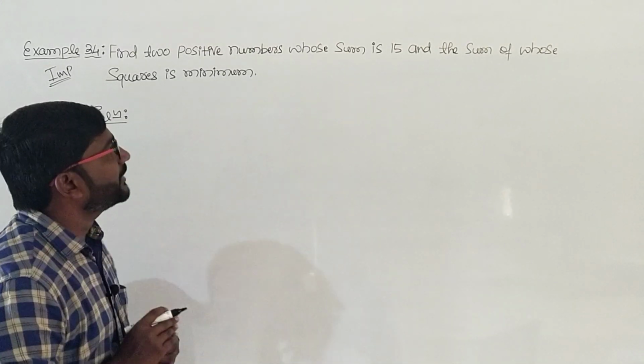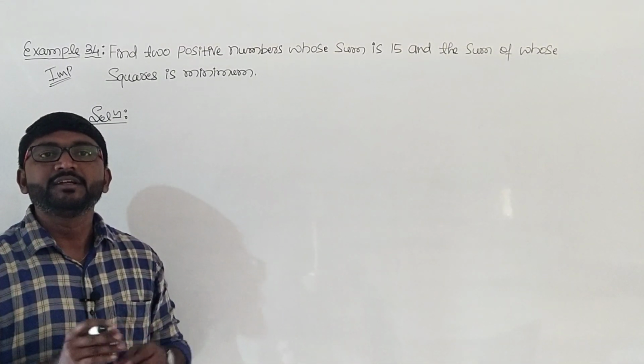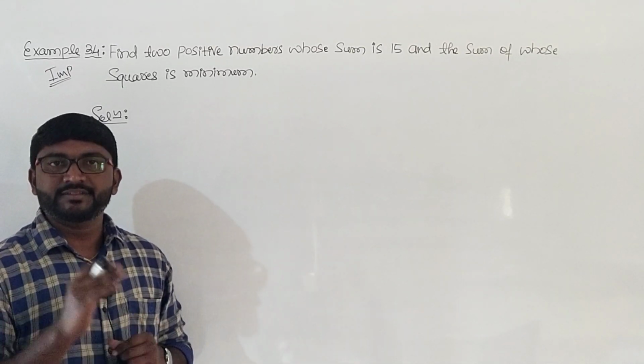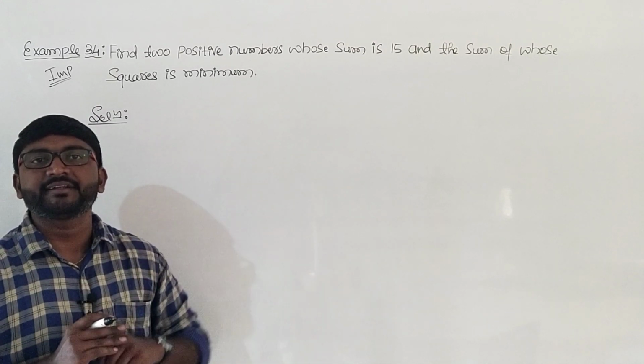Find two positive numbers whose sum is 15. So there are two positive numbers whose sum is 15. I'll take the first number as x and the second number as 15 minus x.